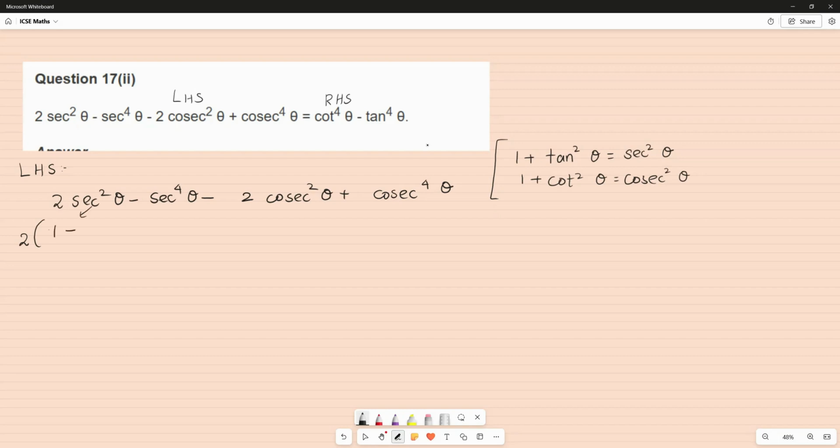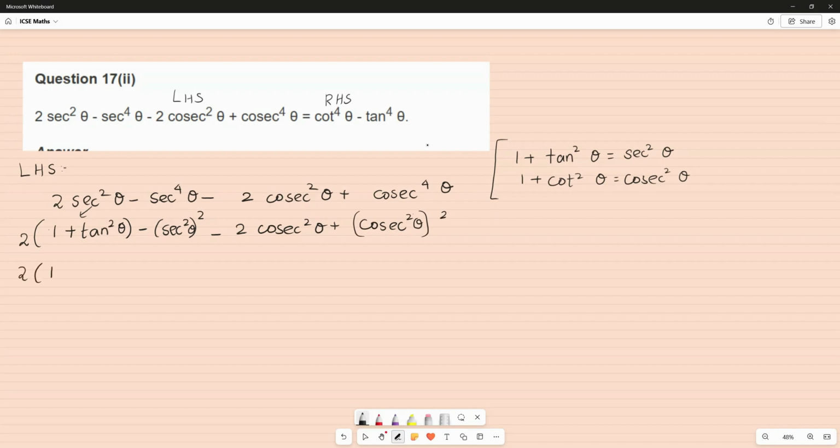So first we are writing 1 plus tan square theta. Do it patiently, students. Secant power 4 theta, how can I write? We can write secant square theta the whole square. Similarly, we will change and write cosecant square theta the whole square. 2 into 2 is 4 again.